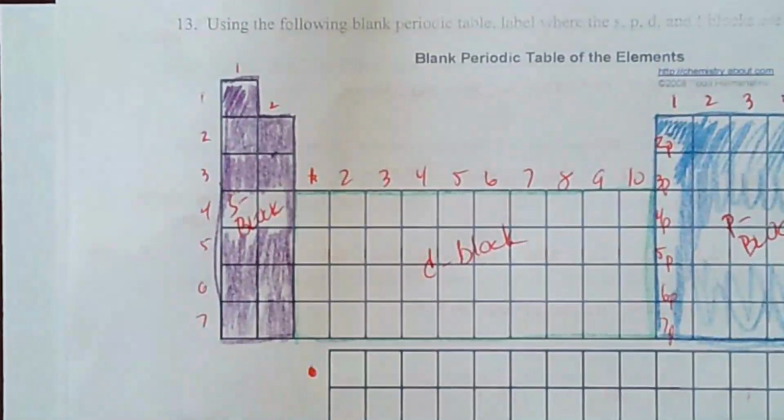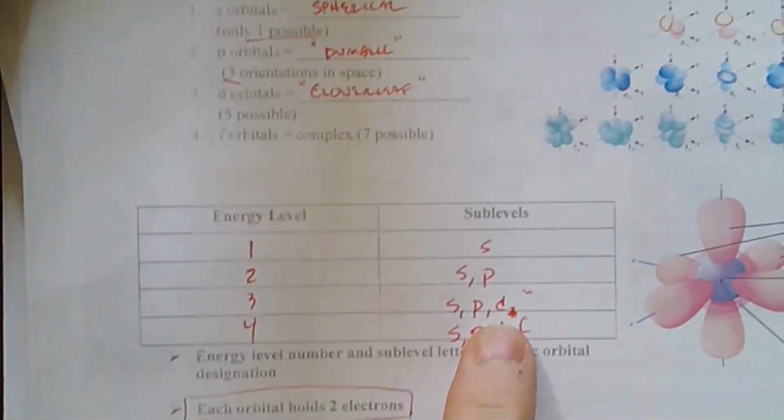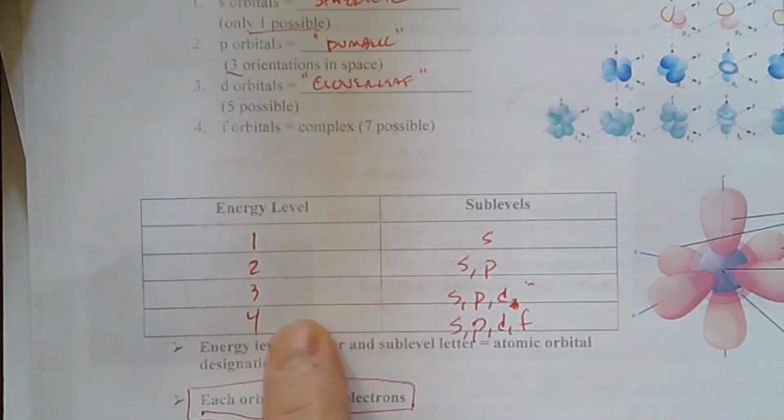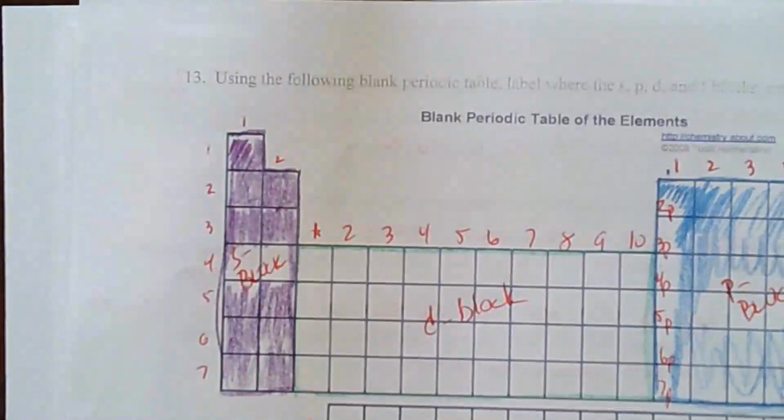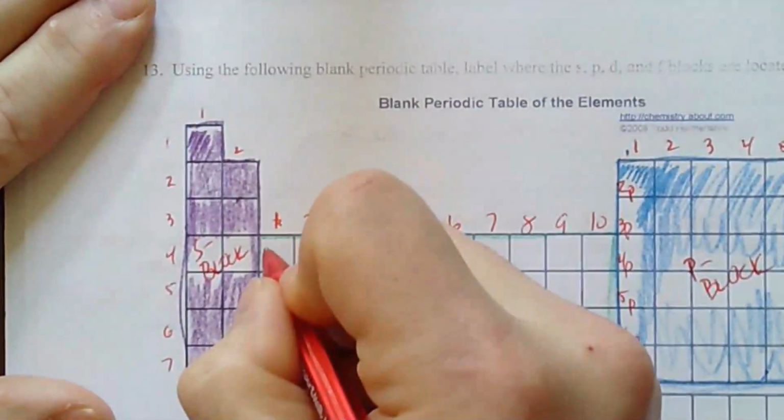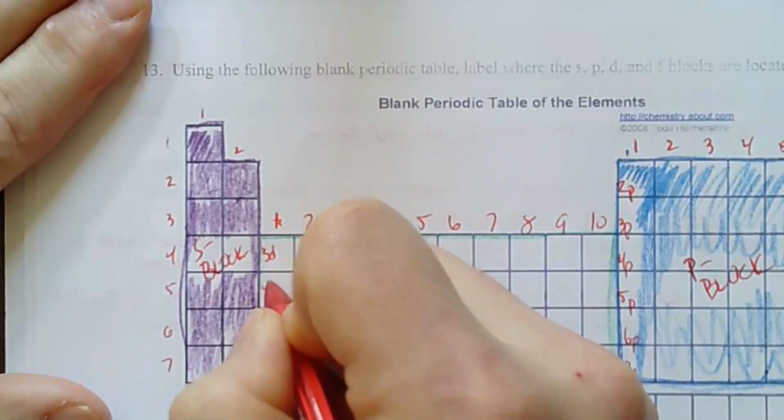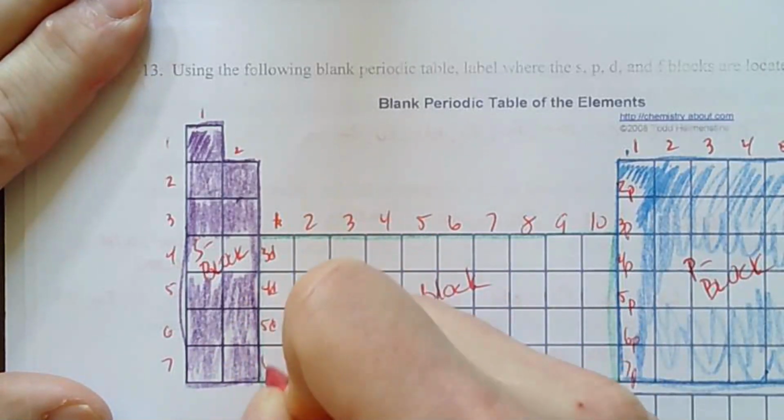Now, the key thing to remember here is, what is the first energy level that the D block shows up in? And if we go back to our notes, notice here, the D sublevel first shows up in the 3rd energy level. So right here is filling 3D, this is 4D, 5D, and 6D.